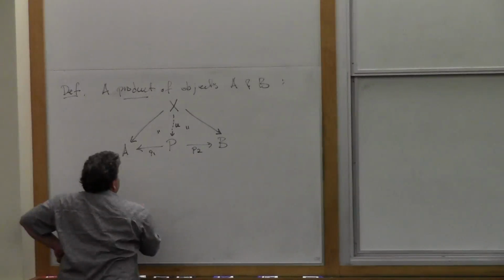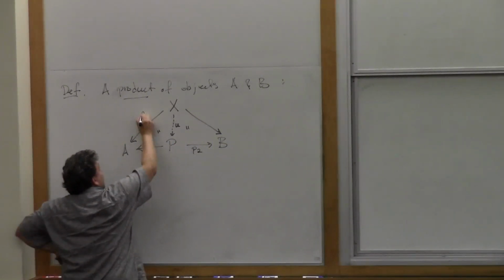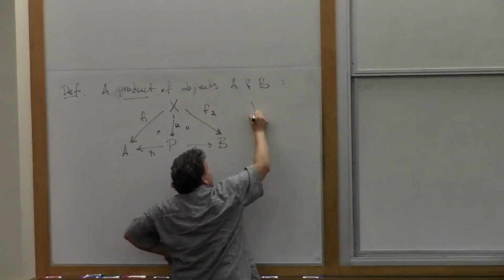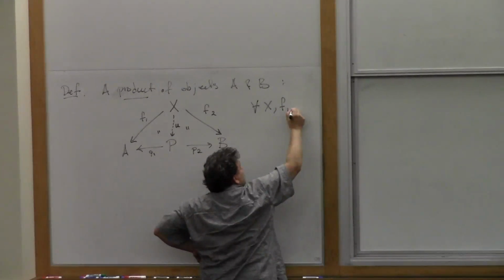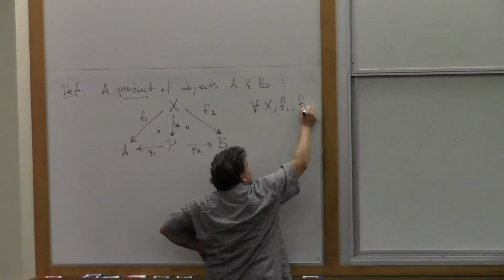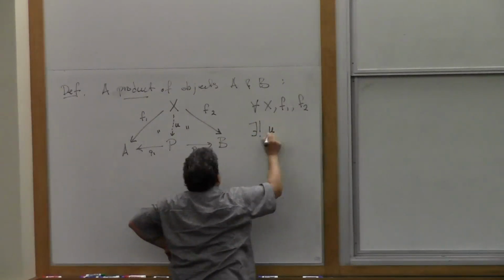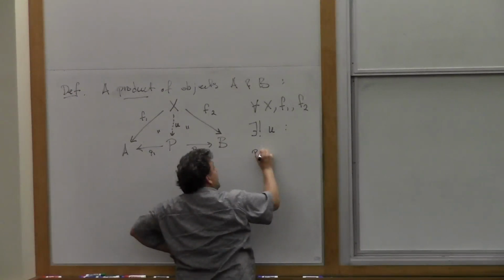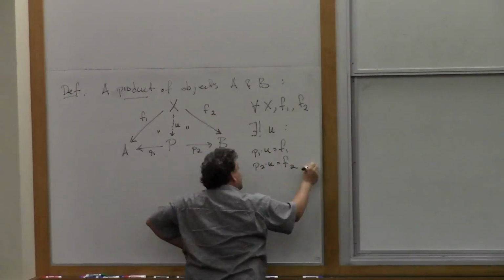Now the idea is that this structure is a product just in case, given any X and F1 and F2 as indicated, there exists a unique map U such that P1 after U is F1 and P2 after U is F2.